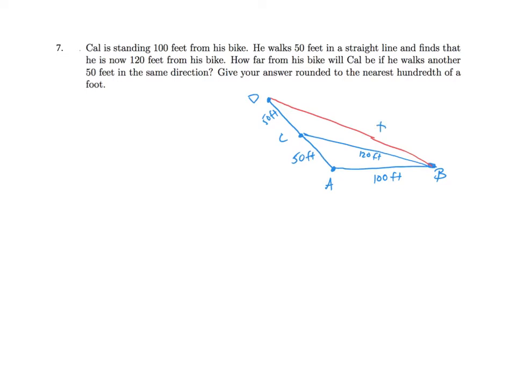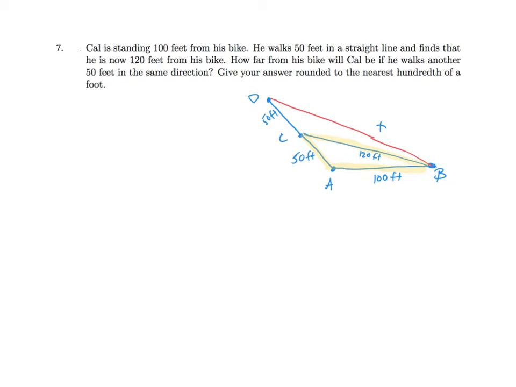All right, so we see in this case we have multiple triangles that we could use, and we have to decide where to begin. So I would recommend that we begin with triangle ABC. So I'm going to highlight that for a second, because in triangle ABC we know all three sides, and from that we can find any angle.